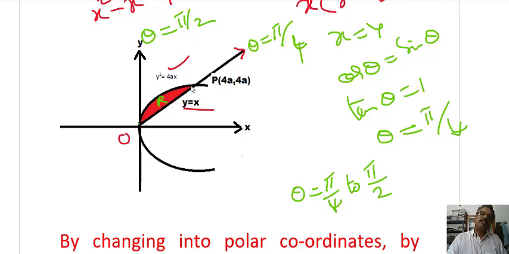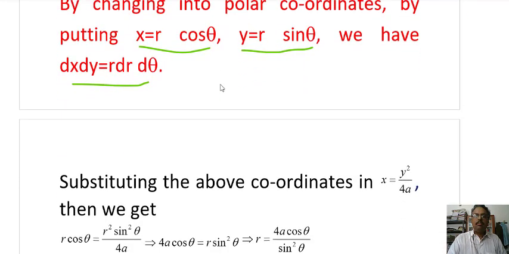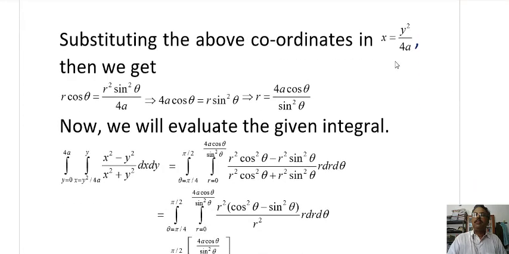Now what about r? The radius vector is moving on this curve. What is the curve? x equals to y square by 4a. x is r cos theta and y is r sin theta, so r square sin square theta by 4a. Substituting the x and y values, r cancels: 4a cos theta equals to r into sin square theta.